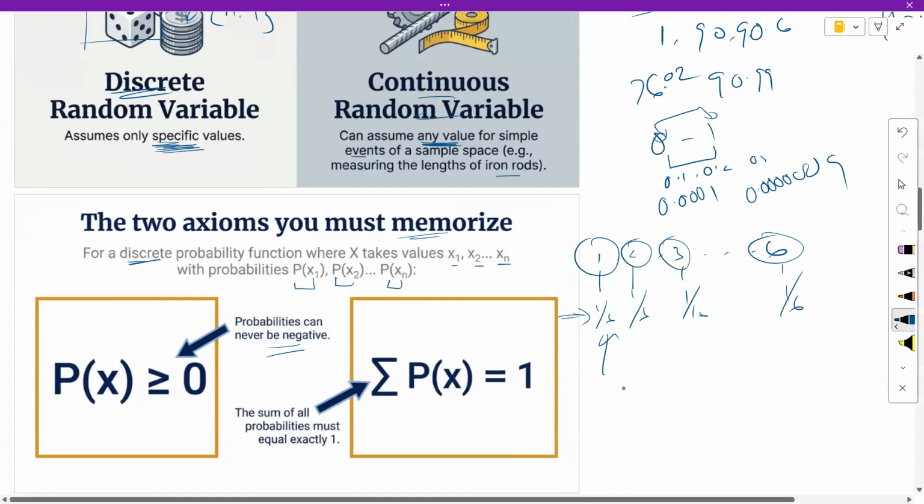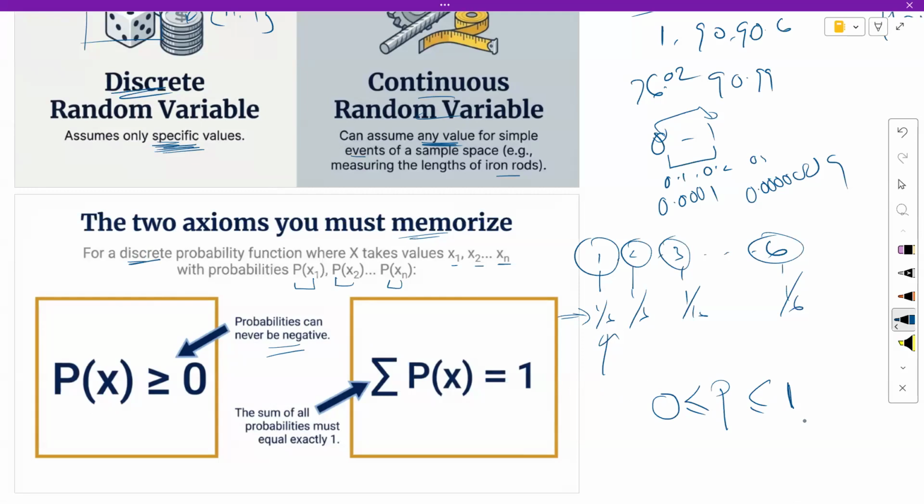Probability, as I told you in the earlier sessions, ranges from 0 to 1 inclusive, right? Greater than or equal to 0, and less than or equal to 1.